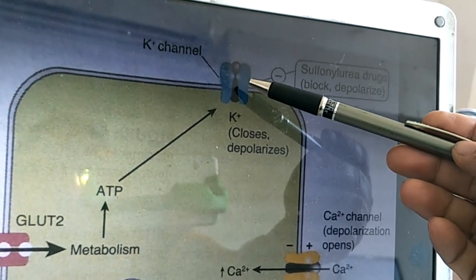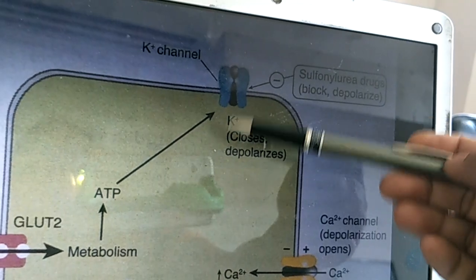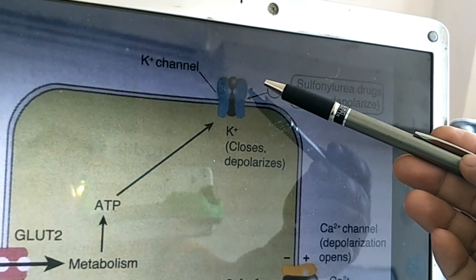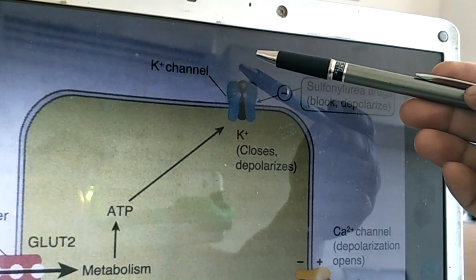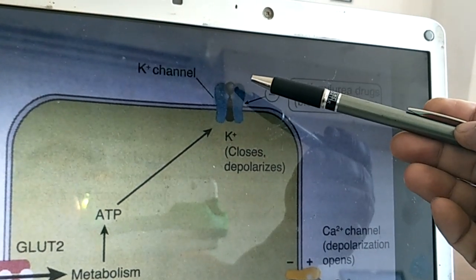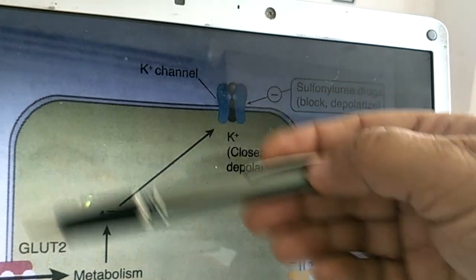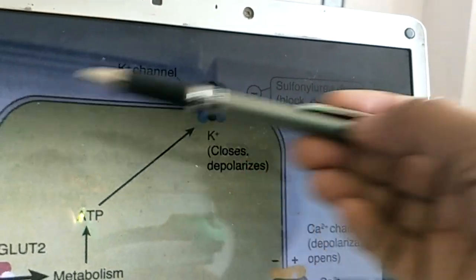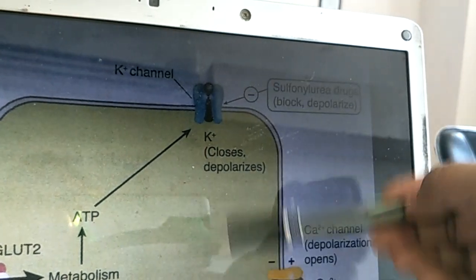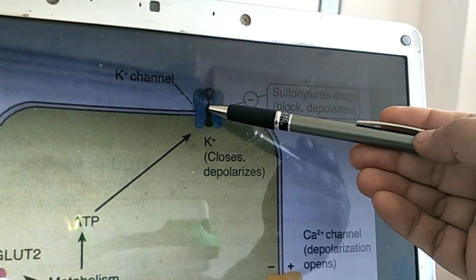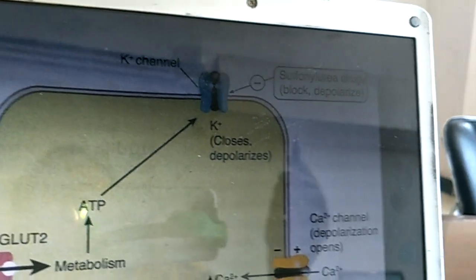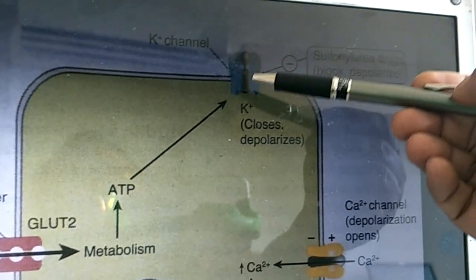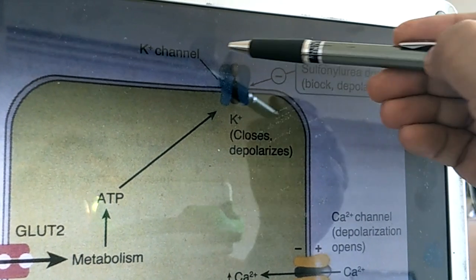Potassium moves according to its concentration gradient from inside the cell to outside, and the membrane remains fully polarized. The membrane maintains its negativity because potassium is moving out through these ATP regulated potassium channels. That is the full name of this channel, ATP regulated potassium channel.